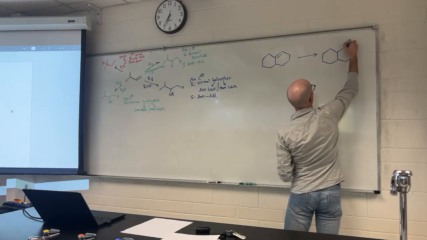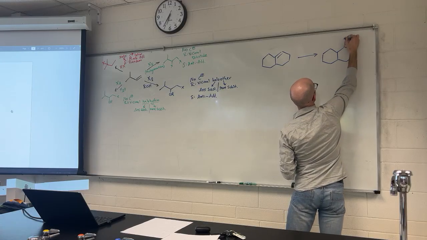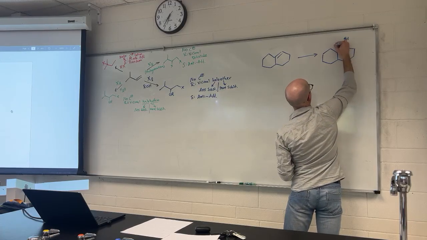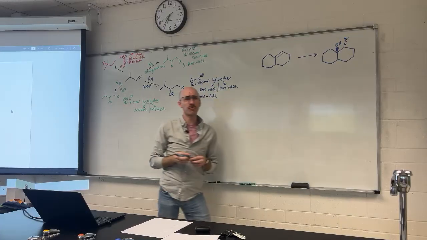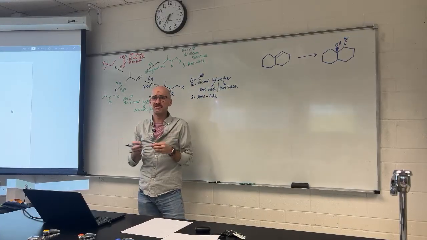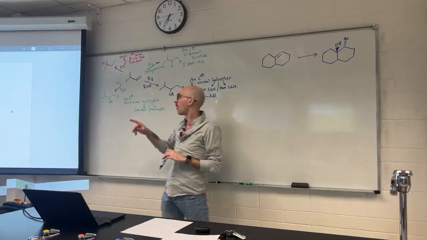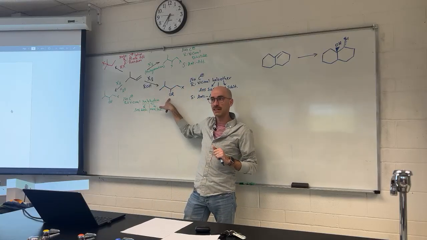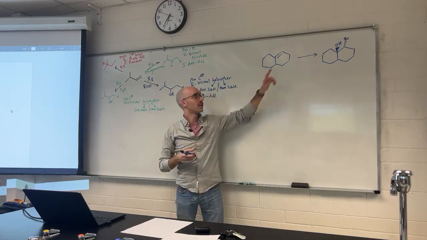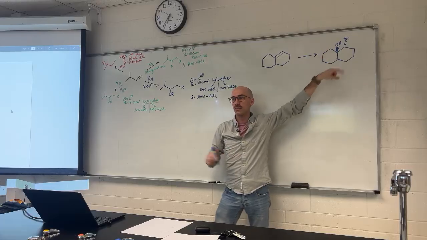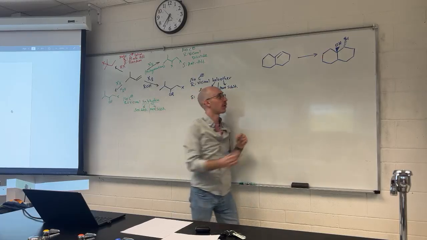Elemental bromine. Water. Why can't I use elemental bromine and ethanol? Ethanol is an alcohol, will lead to an ether. I want an alcohol. Water is the precursor to alcohol.